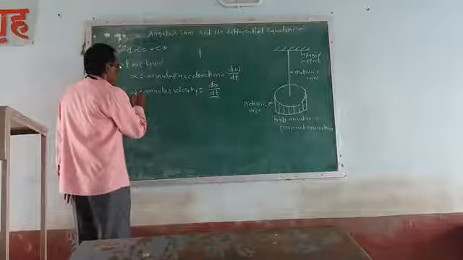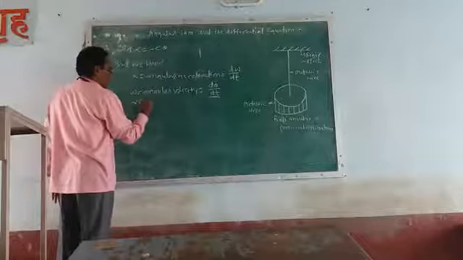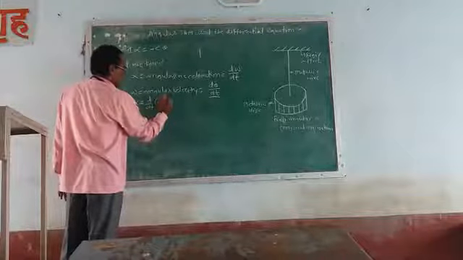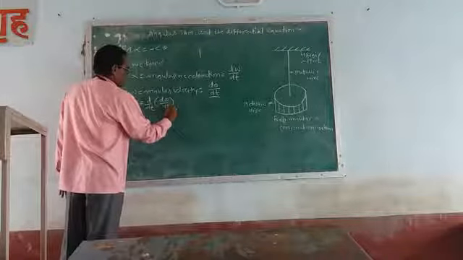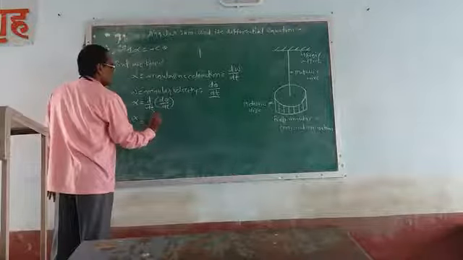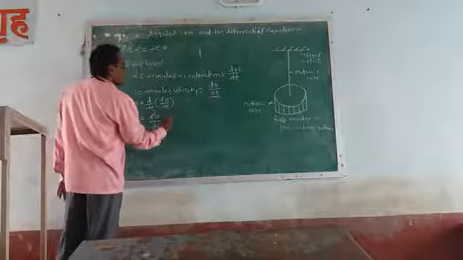Putting omega equal to d theta by dt, alpha is equal to d by dt of d theta by dt. Alpha is equal to d square theta divided by dt square. Equation number 3.